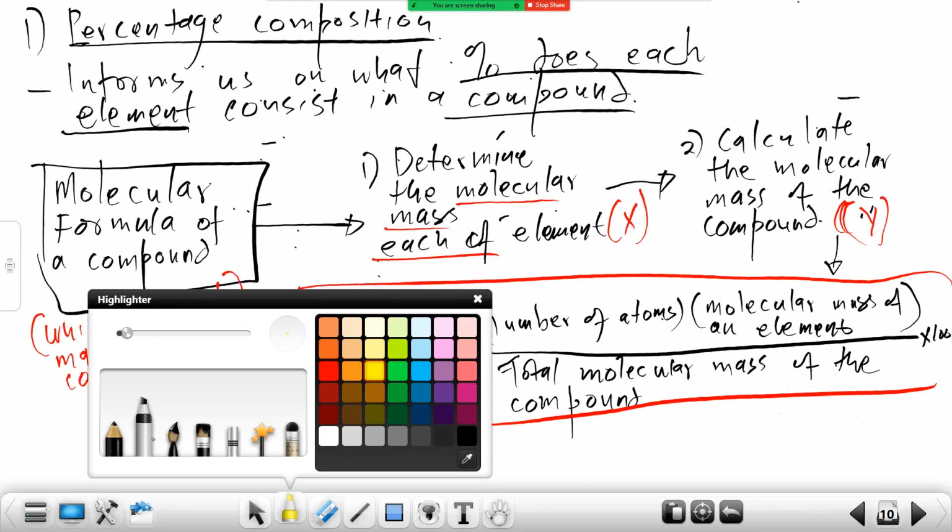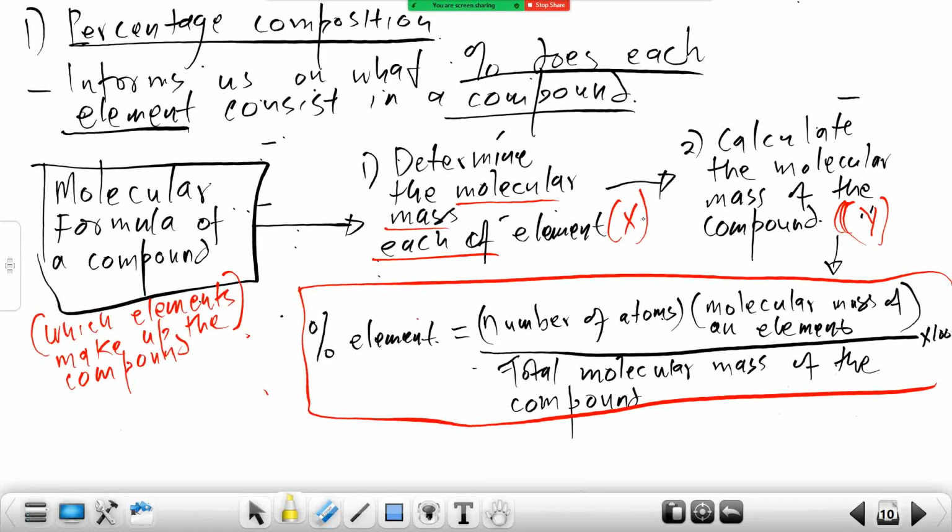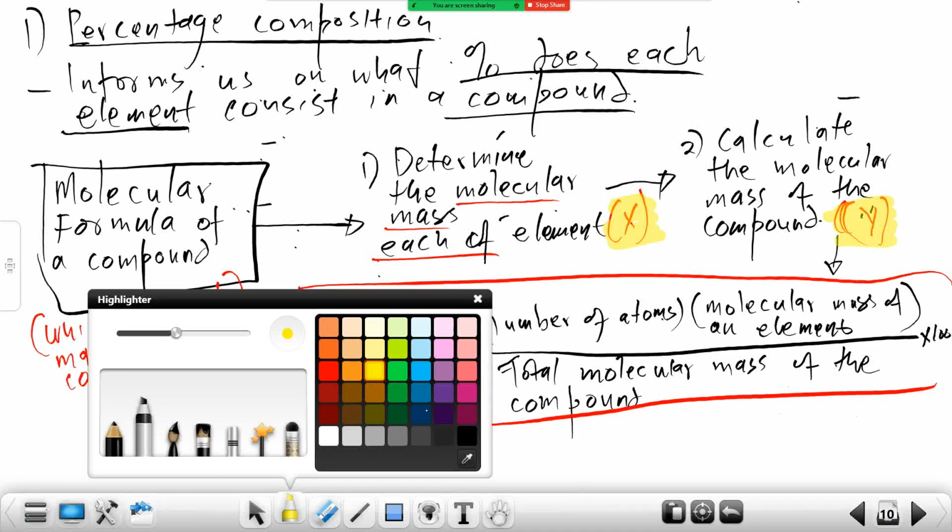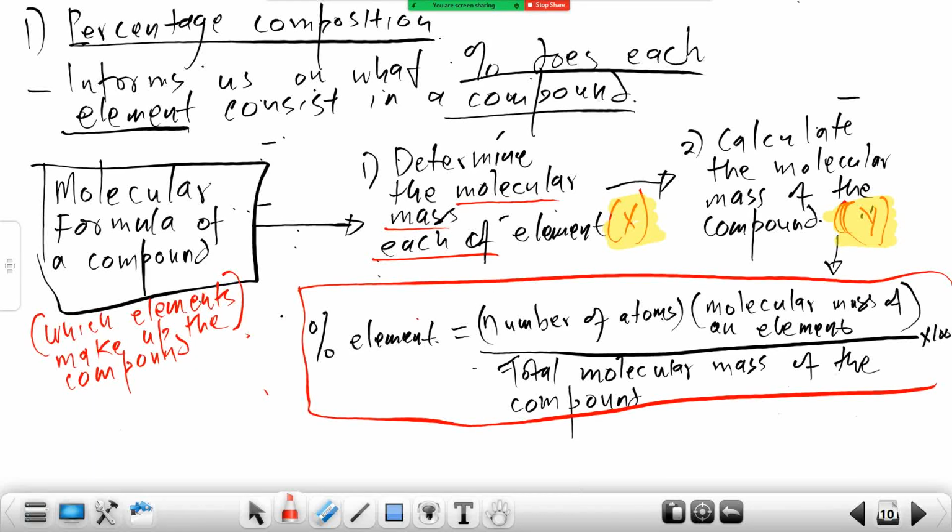I added the Y and the X for this particular purpose. So what else can we do? We can simply write it in a simpler form for us to be able to remember in an exam, because the exam or test that comes will not give us this particular formula.